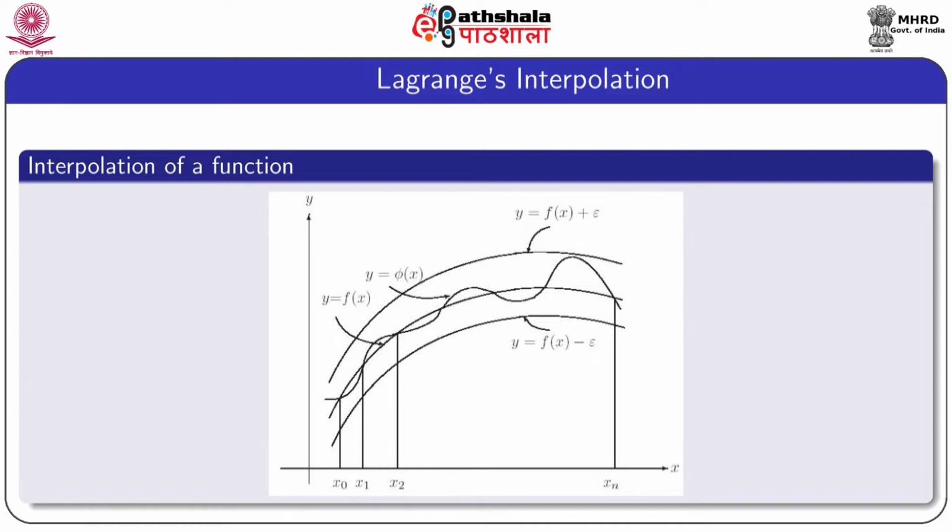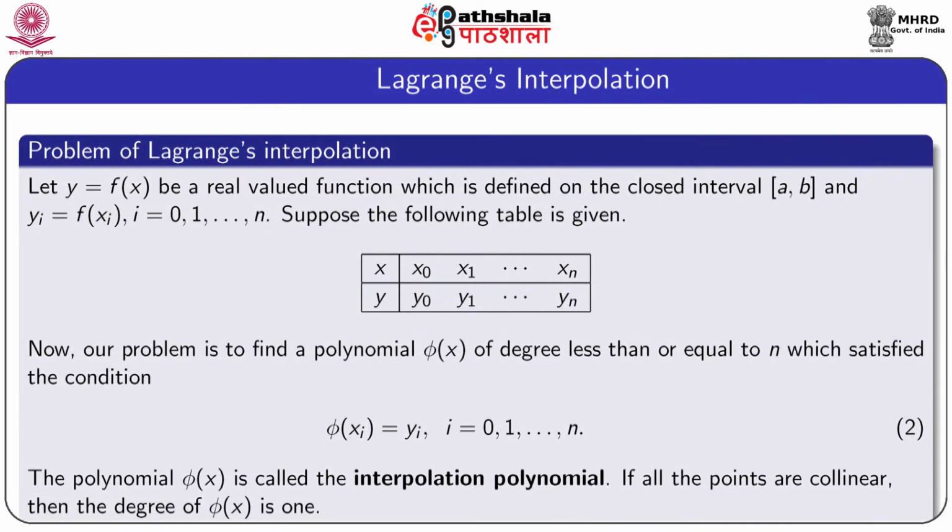The lowermost curve represents the lower bound, and that is equal to f of x minus epsilon. So, this diagram shows the upper and lower bounds of the function and the polynomial.